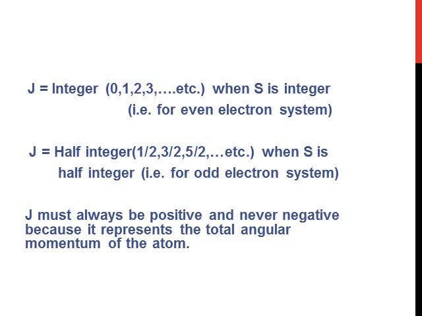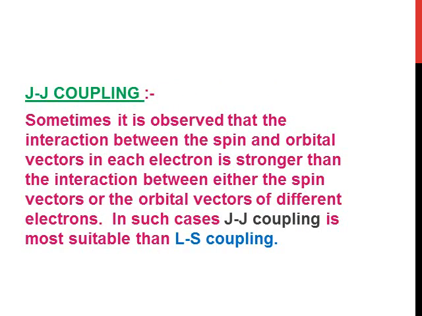J must always be positive and never negative because it represents the total angular momentum of the atom. We can also say that J is always positive because S is always positive, which means the magnitude will never be negative.